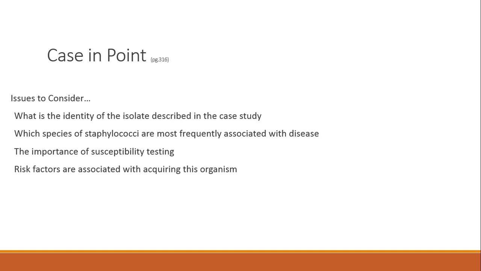They did automated antimicrobial susceptibility tests, and the isolate is resistant to penicillin, oxacillin, erythromycin, and susceptible to clindamycin. So what do we see there? If it's resistant to penicillin, what is it producing? What enzyme? Beta-lactamase.